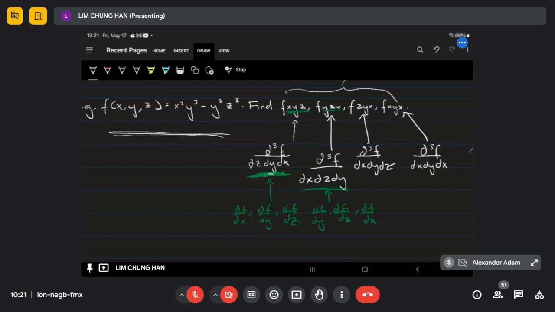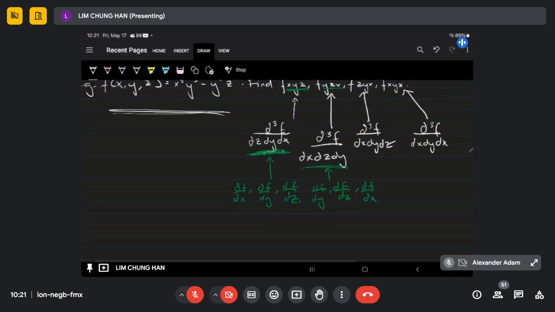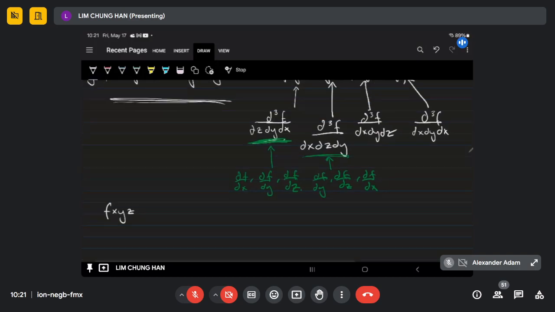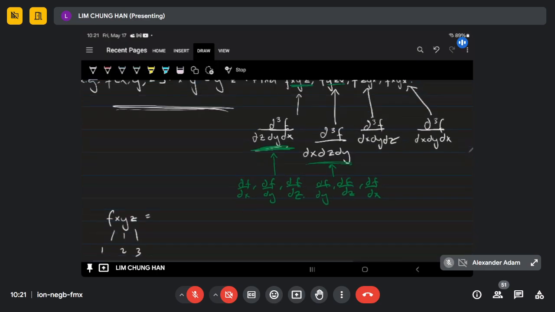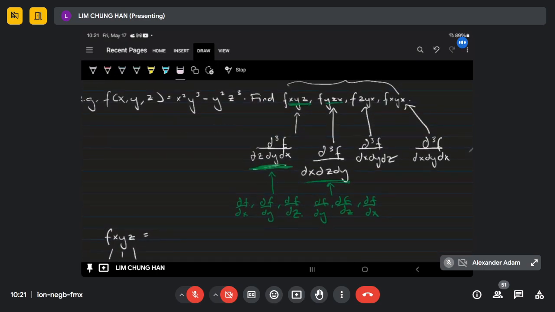So f x y z. When I write it in this format, that means you do x first, you do y second, you do z finally. So let's differentiate this thing here against x.